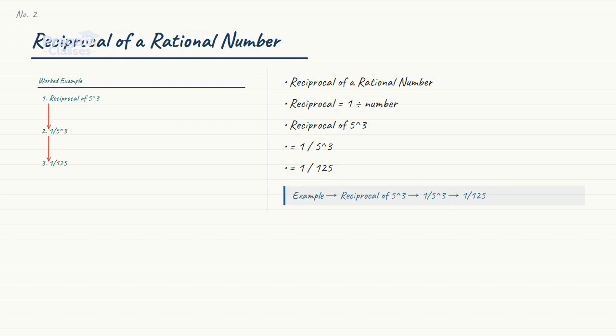So if we start with 5 cubed, that's 125, its reciprocal is 1 over 5 cubed, which is 1 over 125. Easy enough, right? The board shows it step by step, 5 cubed, then 1 over 5 cubed, then 1 over 125. This is the basic idea of a reciprocal, and it's going to get a little twist when we bring fractions into the mix.